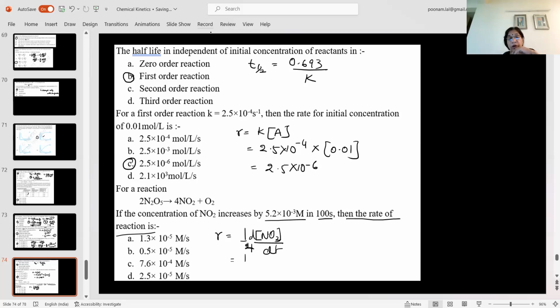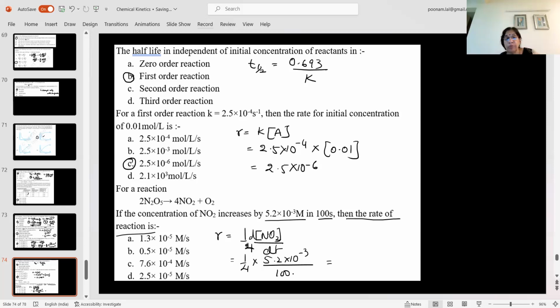So it will be 1 by 4 into 5.2 into 10 raised to minus 3 divided by 100 seconds.